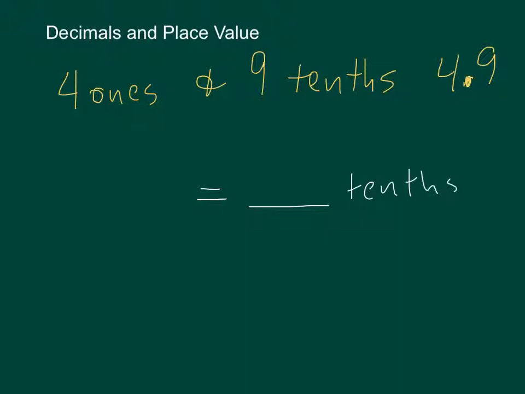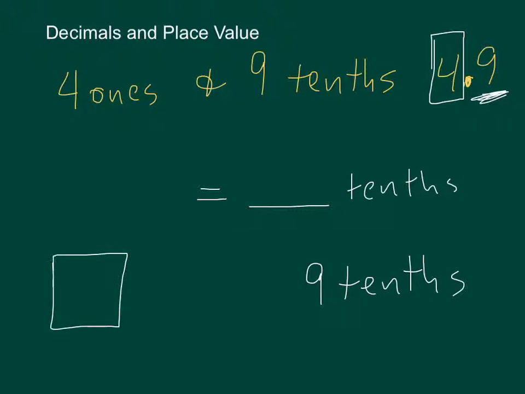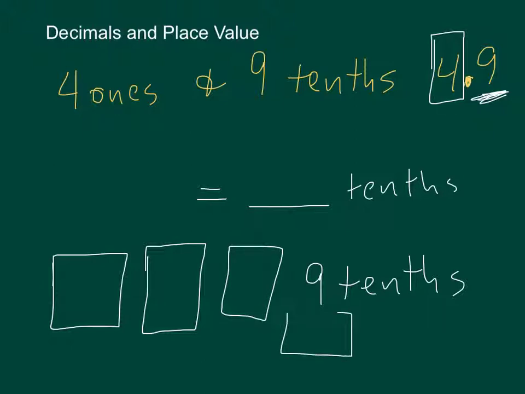Well, let's take a look. We know that 9 just represents 9/10. But how many tenths does the 4 represent? Well, we know it's 4 wholes, right? Because it's just the number 4. So I could draw 4 boxes.